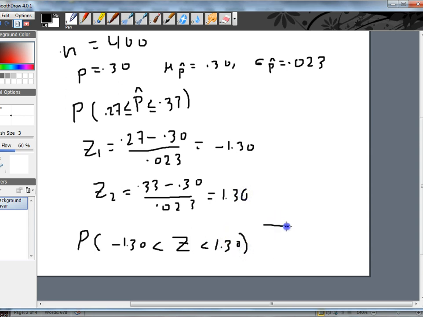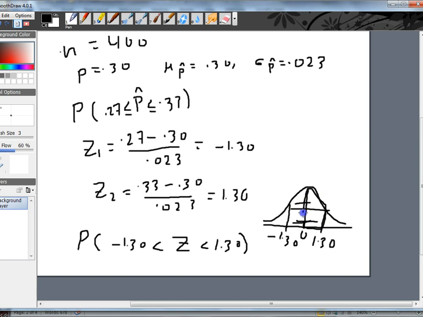And so if I graph this here, that's a sketch, my 0, negative 1.30 and 1.30. I want to find this area, which would be twice the area between 0 and 1.30.